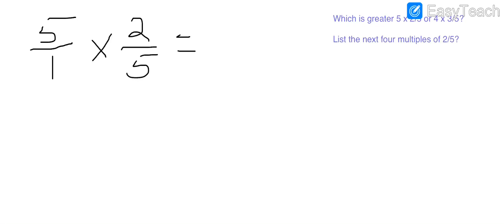All right, so next one is pretty much the same here. You could do this in a couple of different ways. This problem: list the next 4 multiples of 2 out of 5. Hacer una lista de los próximos 4 múltiplos de 2 de 5.